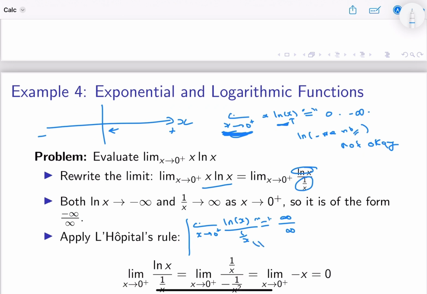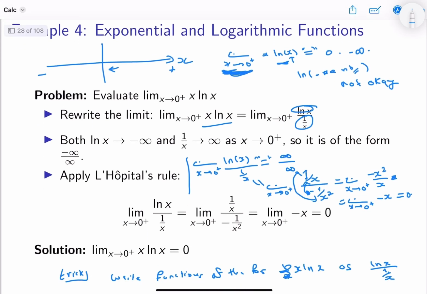This is the same as the limit as x goes to 0 plus of the derivative over the derivative, and in this case it's going to be 1 over x over the derivative of 1 over x, which is negative 1 over x squared, and we multiply things out. We get the limit of negative x squared over x, which is the limit of negative x, which is 0.